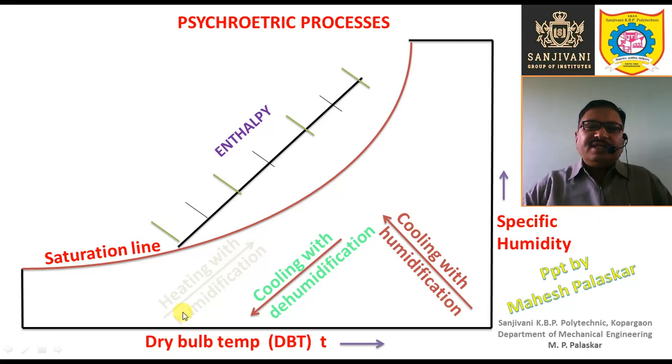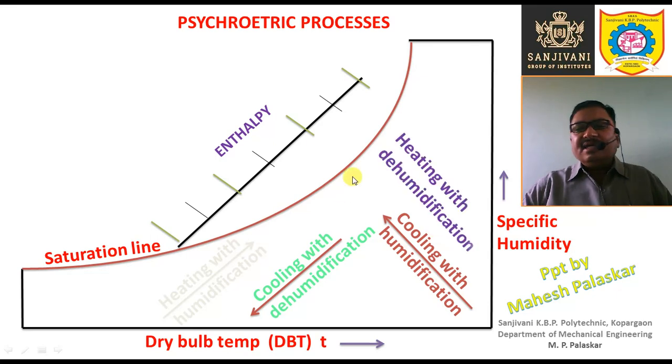So we have studied heating with humidification, cooling with humidification, then cooling with dehumidification, and finally let us study heating with dehumidification. So heating means towards the right and dehumidification means in the downward direction, right? So this arrow is like this. It is a combination of right and downwards. So this is heating with dehumidification. During this process you will find that the dry bulb temperature increases but the specific humidity decreases, right?